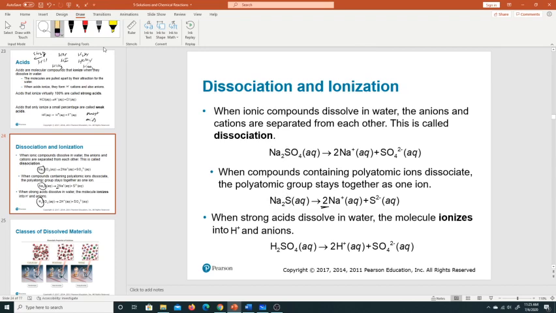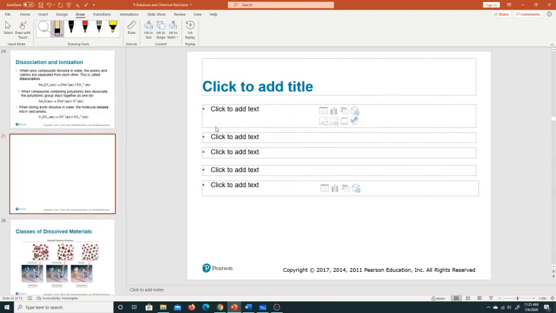So you should be able to predict what kind of ions you can expect to form. Try something with a base, for example.